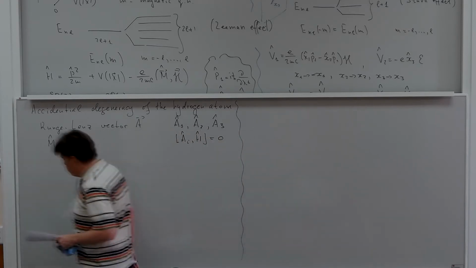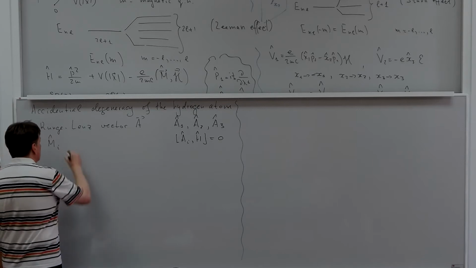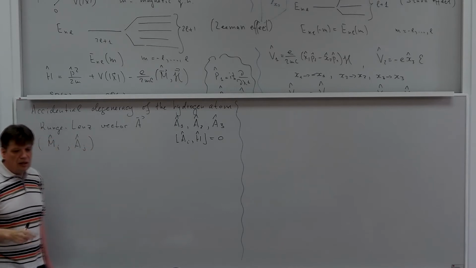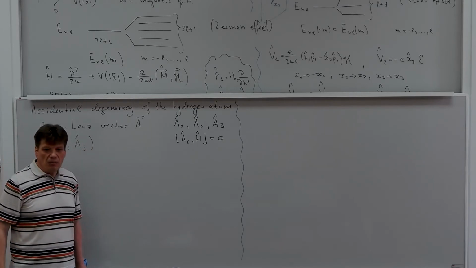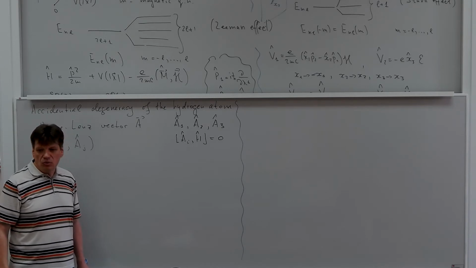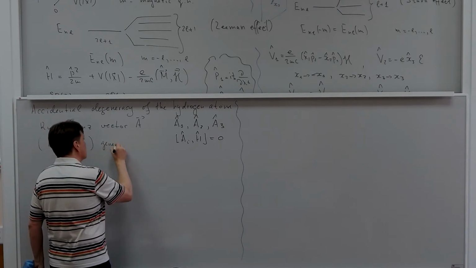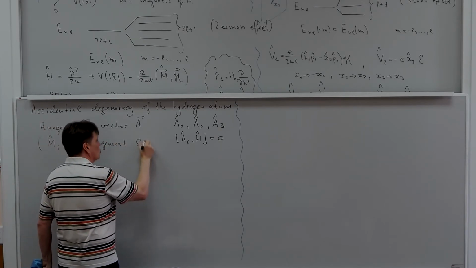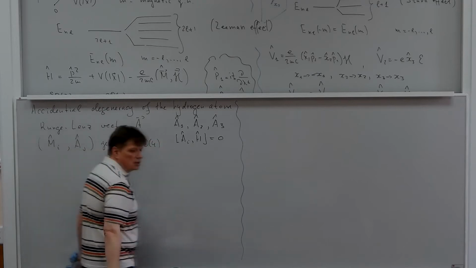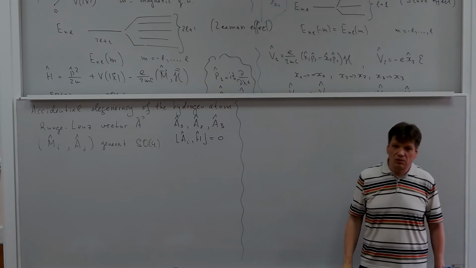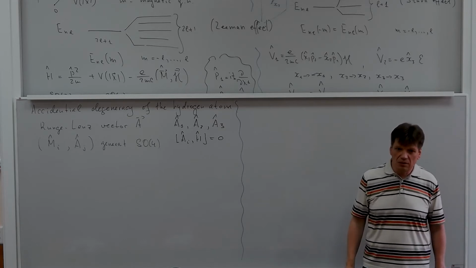Anyway, it can be shown that taken together, these operators Mi and Aj generate a 6-parameter Lie group, which is isomorphic to the group SO4. That is the rotation group of four-dimensional Euclidean space.